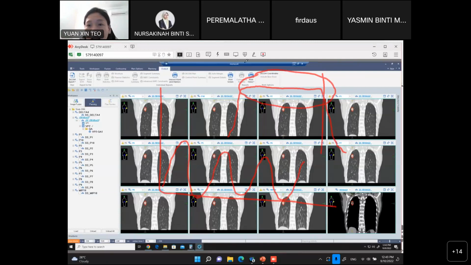This is the time frame where our lung doesn't have any motions. Okay, at this time frame, we can be 100% sure the treatment delivery to that tumor location is exactly the same, without any lung motions.